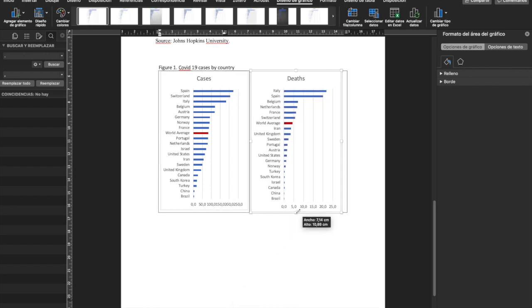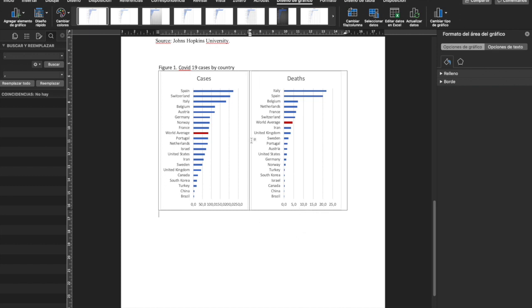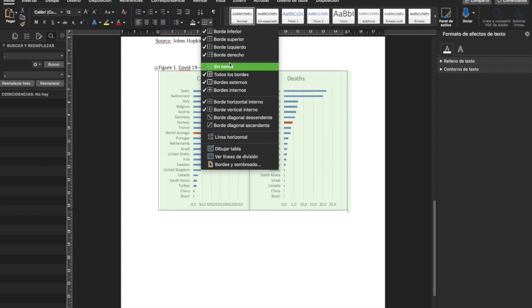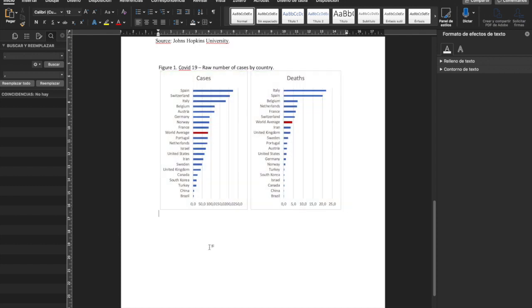So I have here cases and deaths, and COVID-19 absolute or raw number of cases by country. I can just take these lines off, without borders, and then the source.